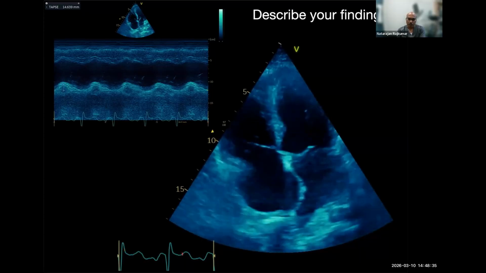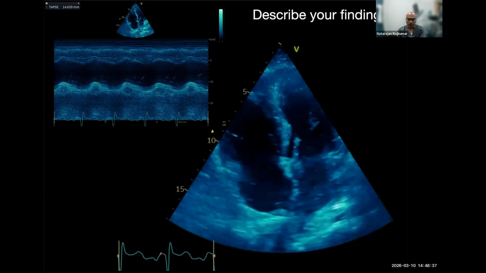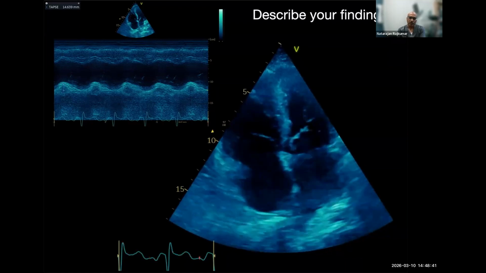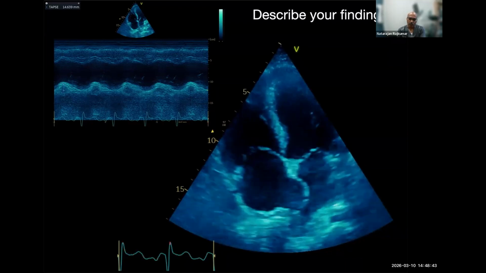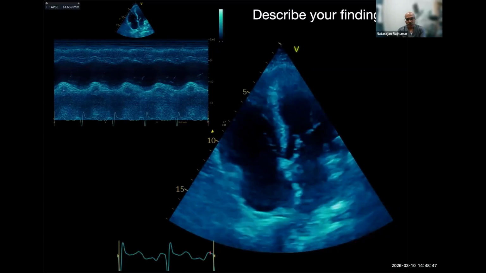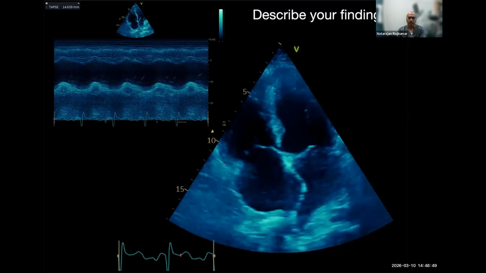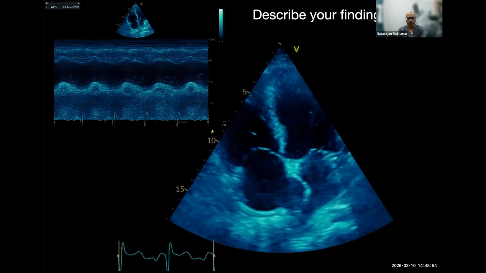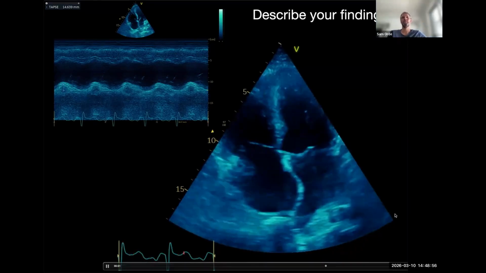There is bowing of the interatrial septum towards the left side, indicating raised left atrial pressure. The left ventricle contractility appears normal, and the left atrium appears small. And there is also bouncing of the interventricular septum, which again goes in favor of the RV afterload, increasing RV afterload. Cool.